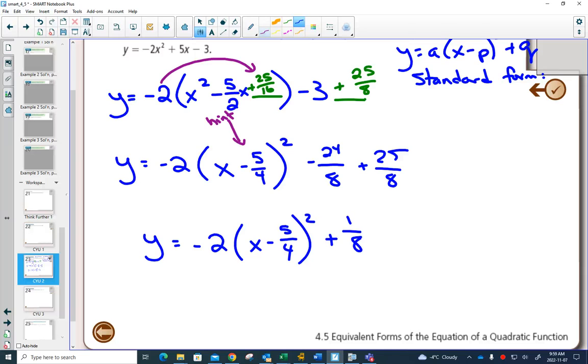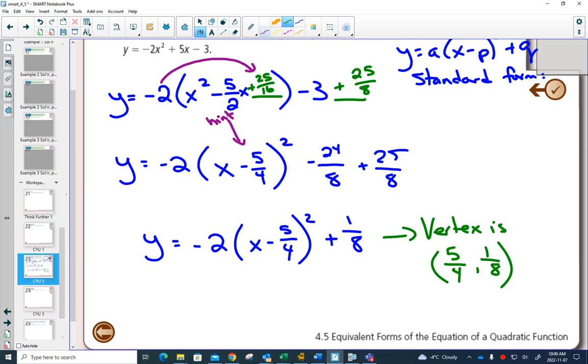What can we find from the standard form really quickly? We know from the standard form that our vertex is 5 over 4, comma 1 over 8. Numbers are fractions. This wouldn't be a very easy one to graph as a result, but it would be possible.